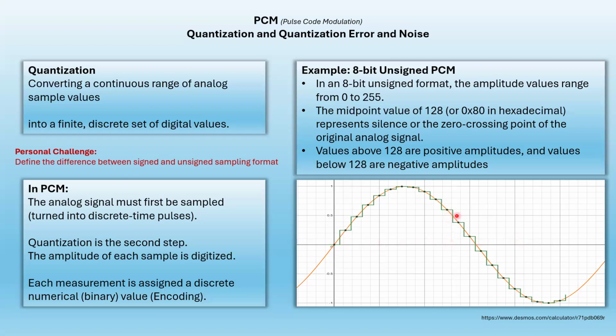This would be non-silence. It represents the zero crossing point of the original. Values above 128 are positive, and values less than 128 are going to be negative.